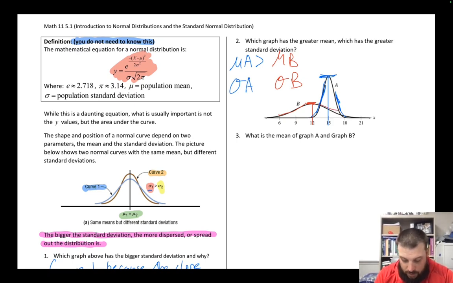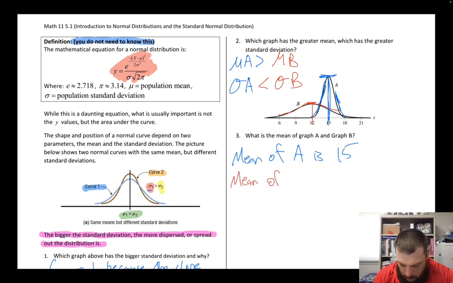And so I would say the spread, our standard deviation, is greater in graph B. And then answer 3, we kind of drew those lines already. So the mean of A is 15, whereas the mean of B is 12.